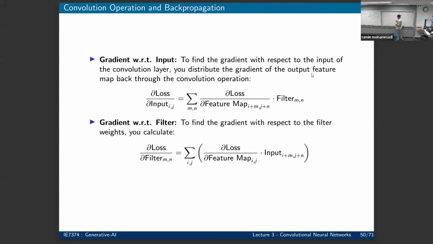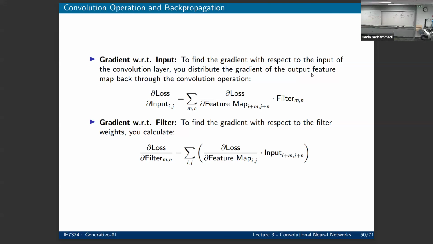So if I'm trying to calculate the gradient with respect to x12,14, and I have the gradient up to the output, by the chain rule it becomes the gradient up to this point times the gradient of this output with respect to this data point. The gradient of this with respect to x12,14 is just the W. So you simply multiply the gradient up to that point by the filter weight for that corner, right?